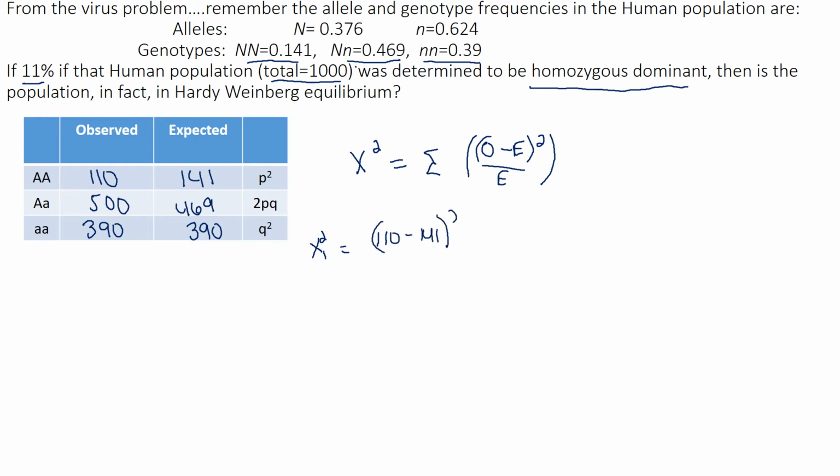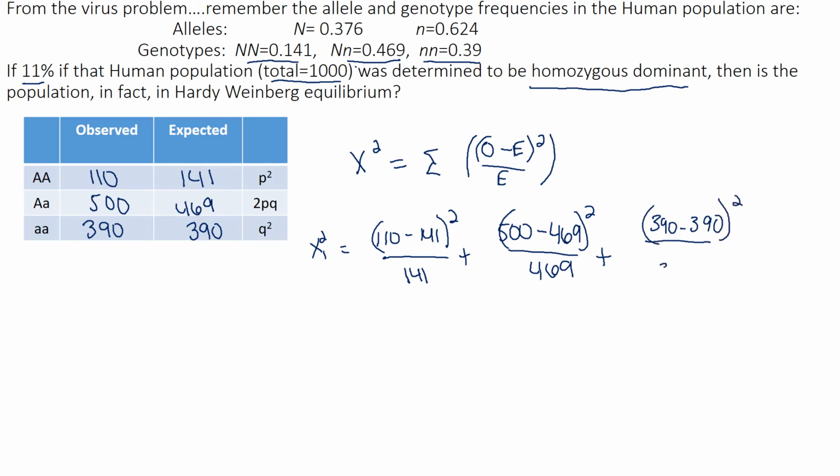So here, chi-square is going to equal 110 minus 141, and that would be squared, and then divide that by 141. And then you're going to add that to 500 minus 469 squared over 469 plus 390 minus 390 squared, which gives you 0 over 390, which is just basically going to cross out.